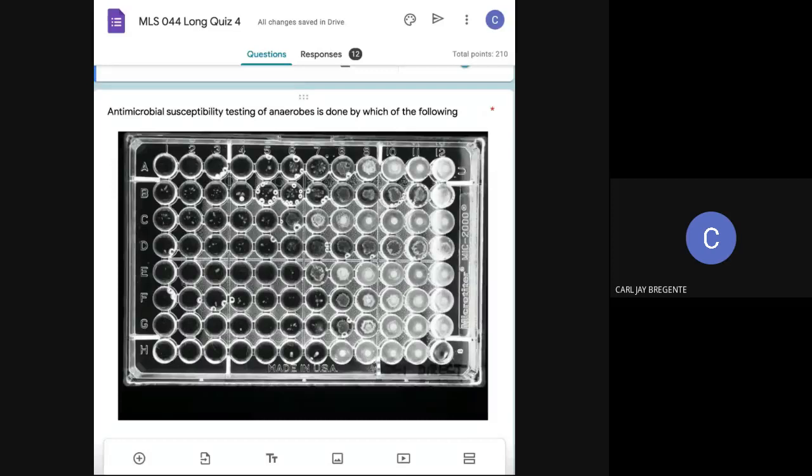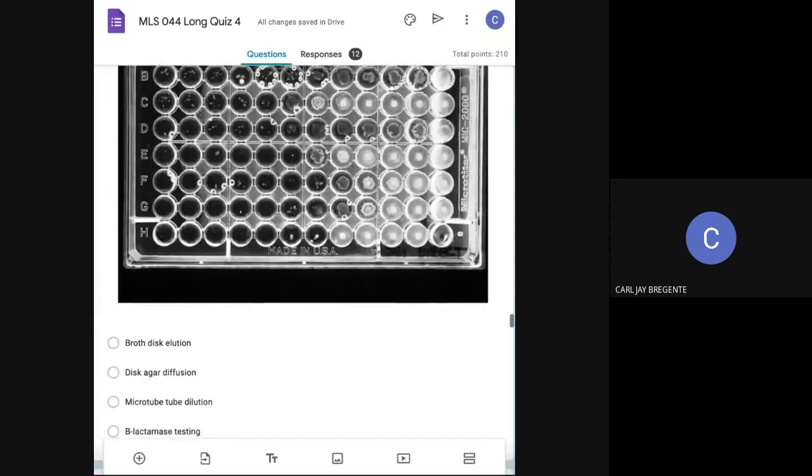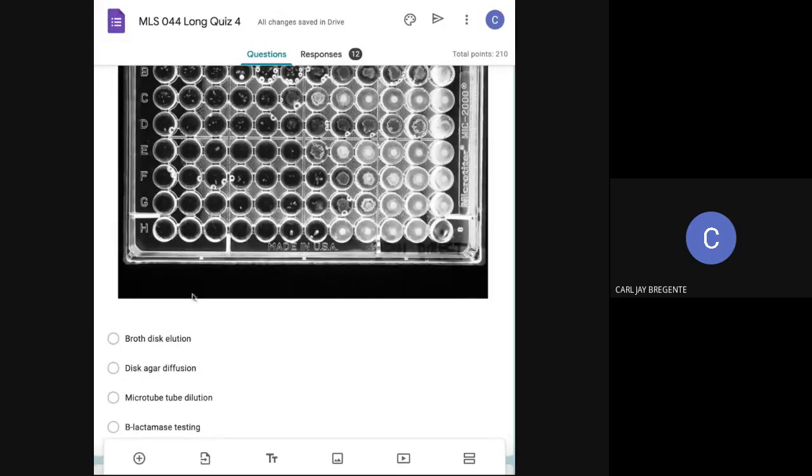Antimicrobial susceptibility testing for anaerobes is done by which of the following tests? The pictures already give you the clue that this is microtube dilution. Broth dilution and agar diffusion should not be used because you will be exposing the microorganism to oxygen.